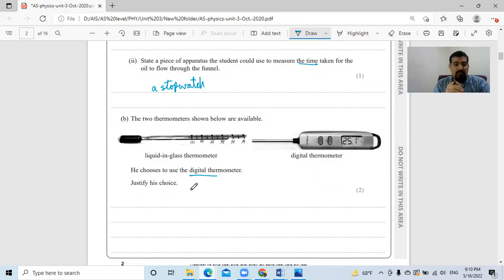Exactly, because it has higher resolution. The smallest precision that can be read here is 0.1 degrees Celsius. That means it will have less percentage uncertainty. So we can write: no parallax error, and higher resolution.